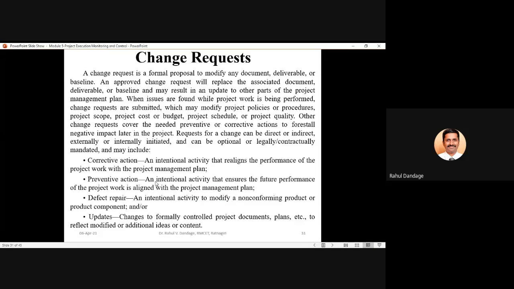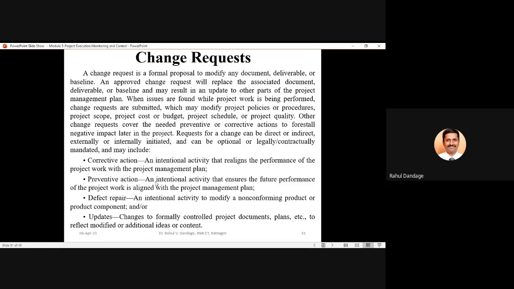Next part is about the change request. It is a formal proposal to modify any document, deliverable or baseline. So in any project, whenever you understand that your project is not progressing as per the requirement, as per the planning, then it will be necessary that there must be some change, some modification in your planned documents, in your planned activities or your project documents.